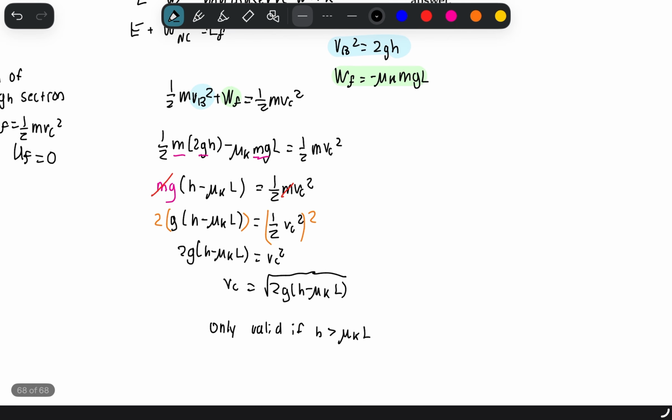This makes sense because the block's energy after friction equals its original gravitational energy, Ug, minus the total energy lost to friction.